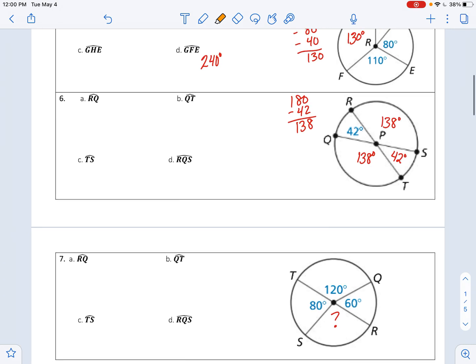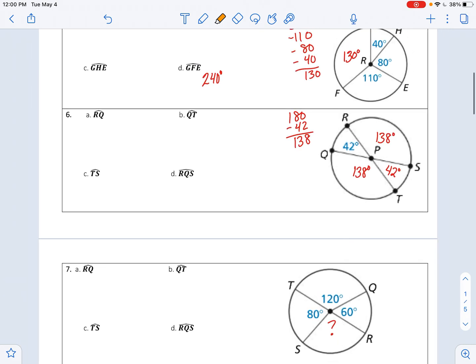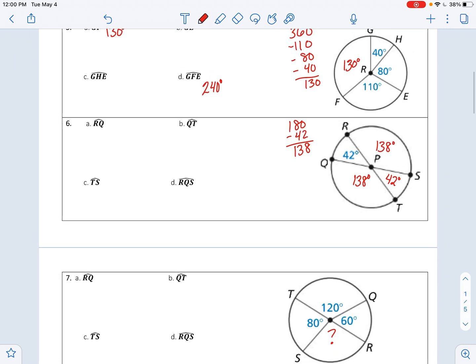So I'll have to go back to my original method, which says that if I have all but one missing piece, and the whole circle is 360, then I can take away everything I have to find out what's left. So 360 minus 120 minus 80 minus 60 to figure out what's left over in that area down on the bottom.